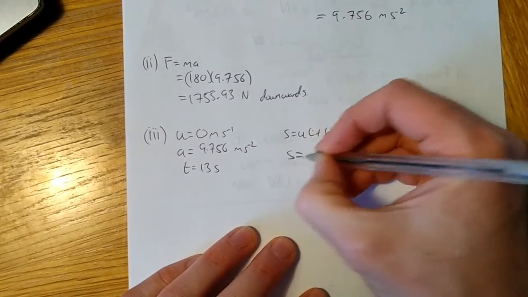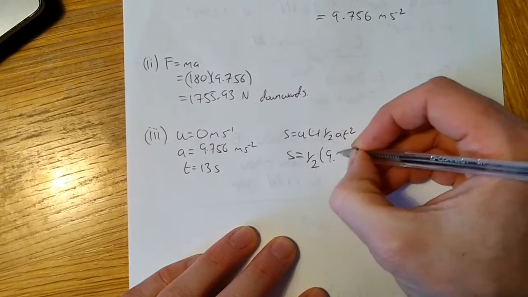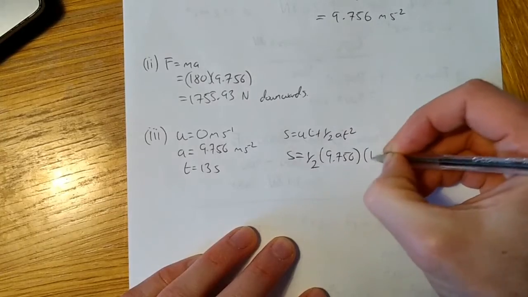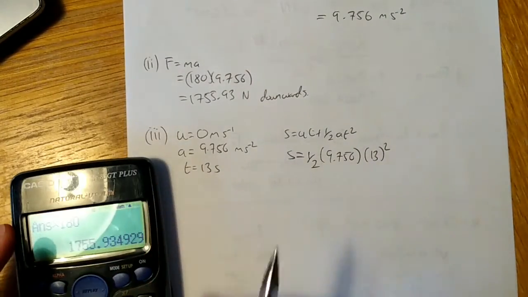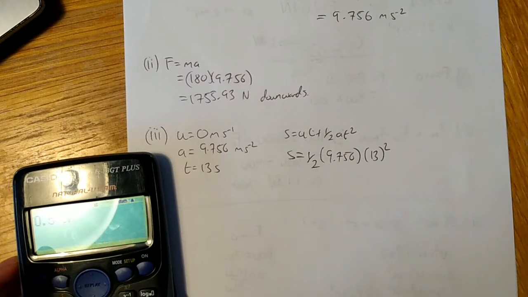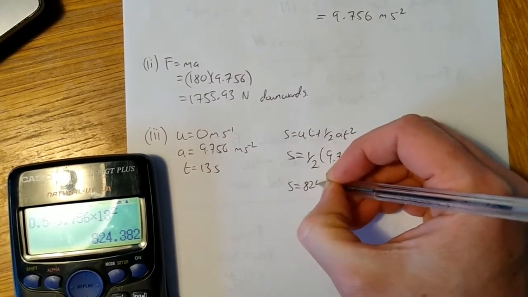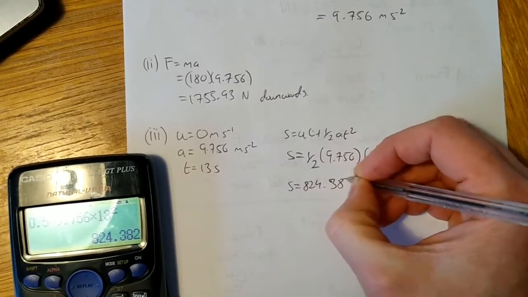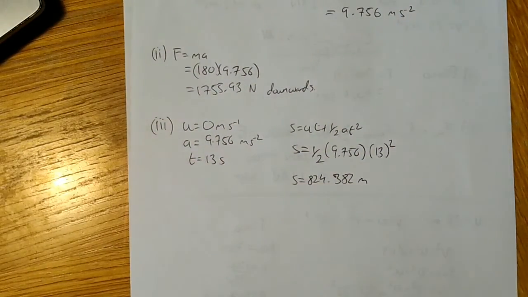Because my u is 0, I'm just going straight into a half of 9.756 times 13 squared. So 0.5 times 9.756 times 13 squared is 824.382 meters. That's how far he fell downwards in the first 13 seconds.